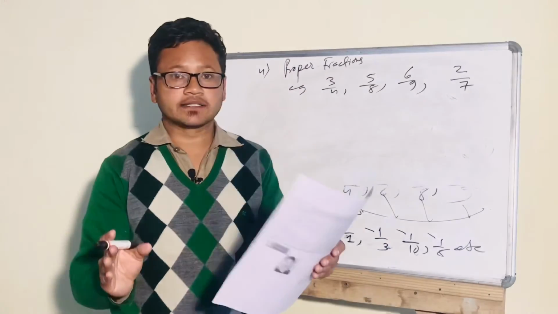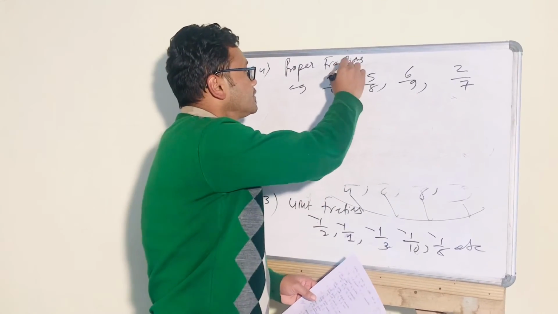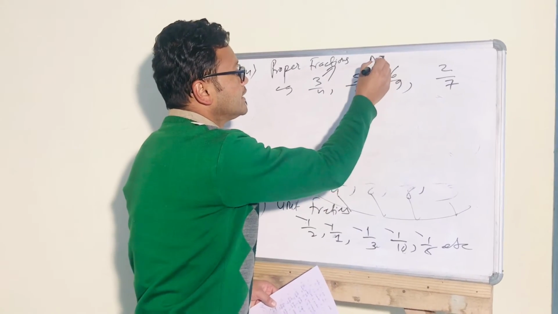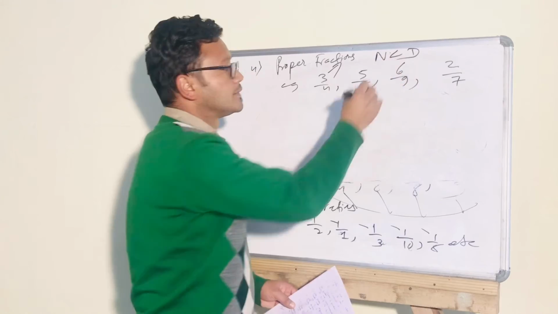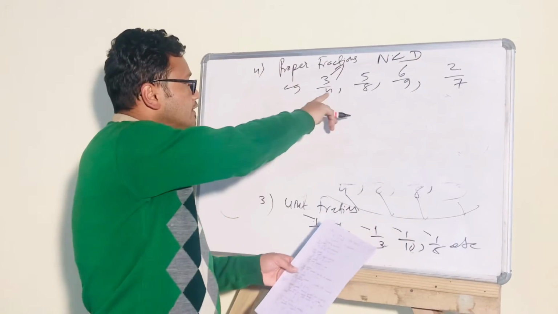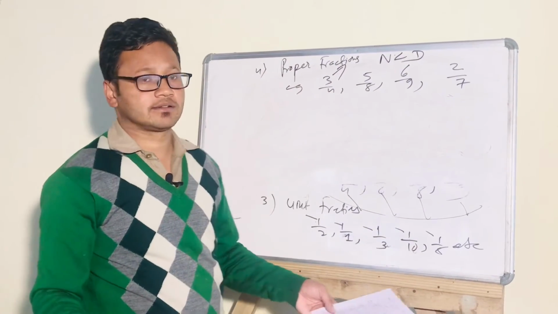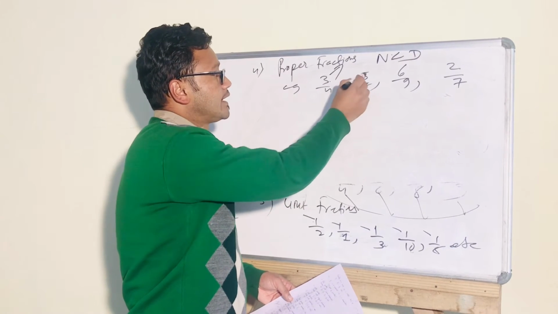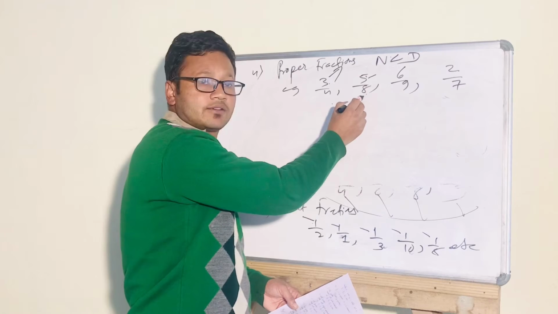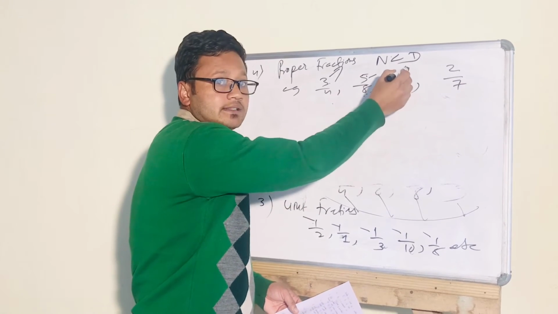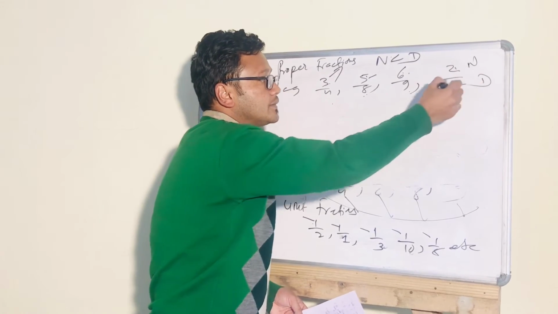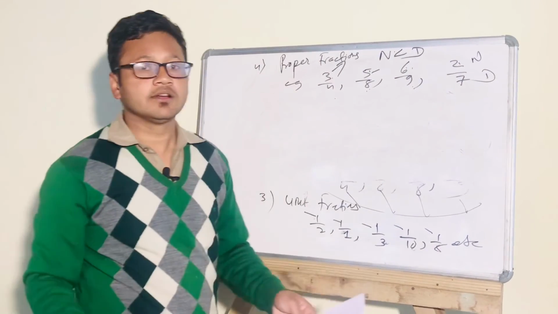Proper fractions means the numerator should be less than the denominator, or we can say the denominator should be greater than the numerator. That means 3 is less than 4, 5 is less than 8, 6 is less than 9, 2 is less than 7. These are proper fractions.